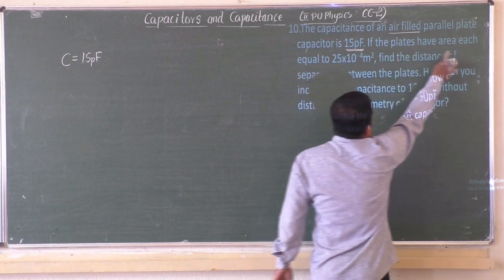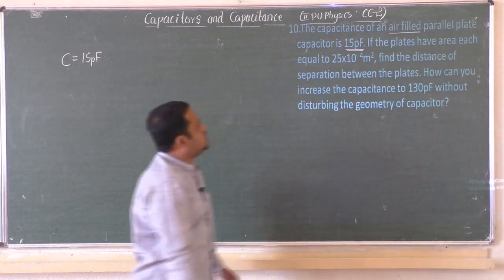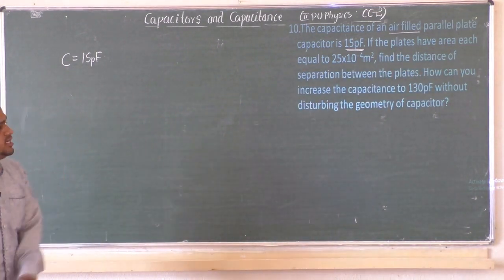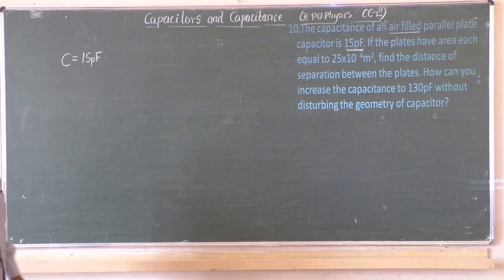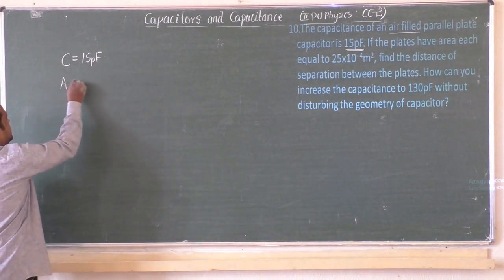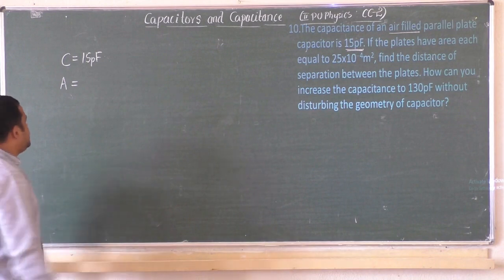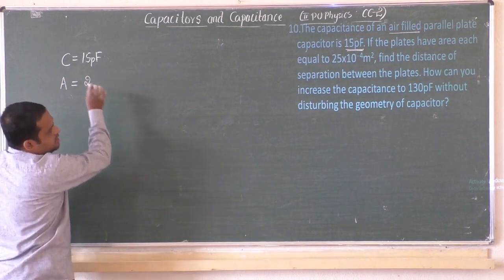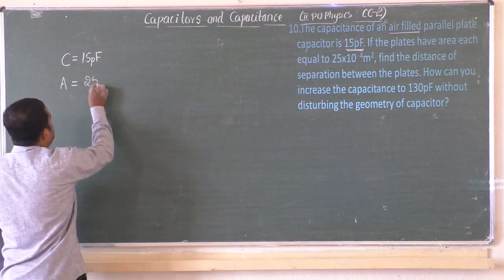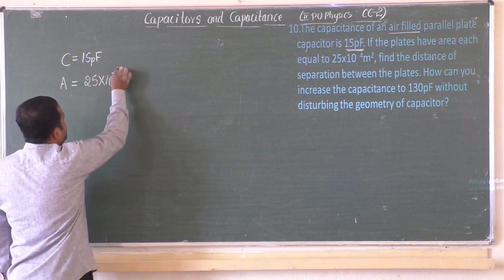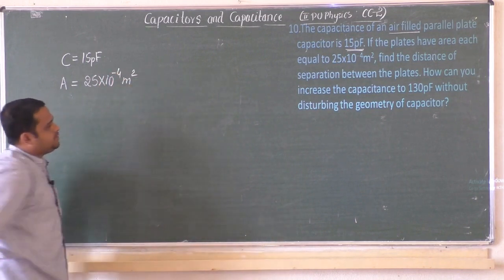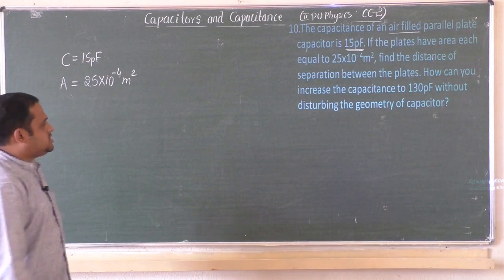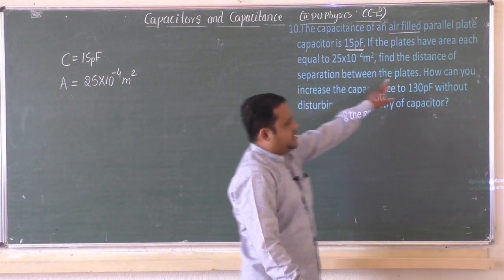If the plates have an area each equal to 25 into 10 power minus 4 meter square, that is, capital A value is given, area is equal to 25 into 10 power minus 4 meter square. Find the distance of separation between the plates.